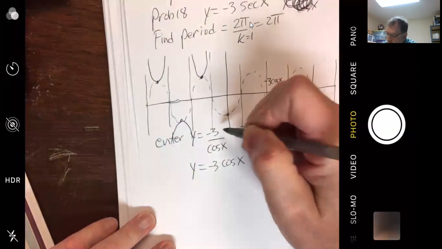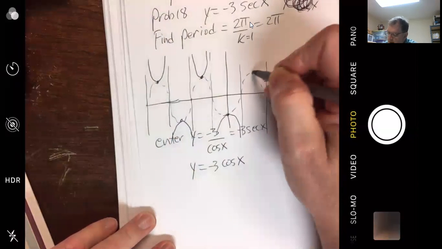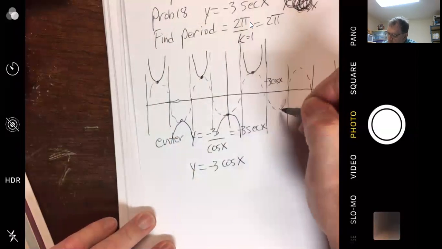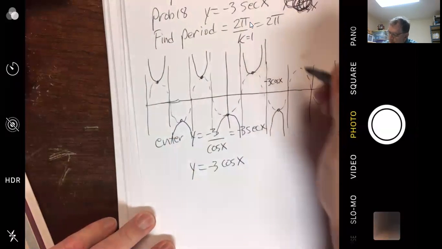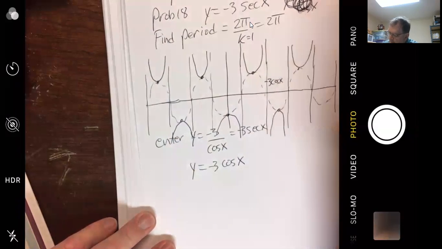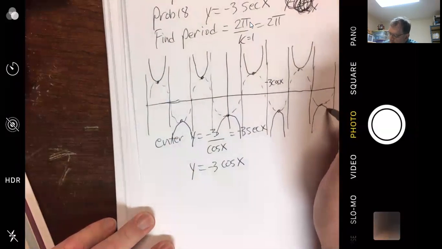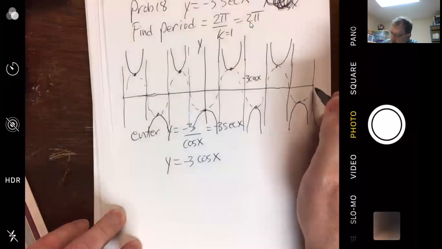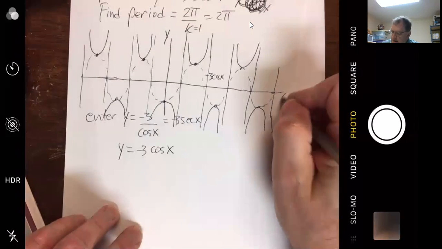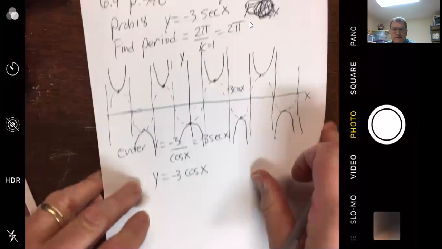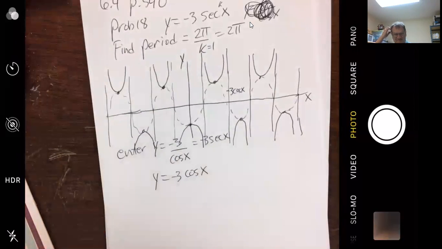Oops, missed an x-intercept or an asymptote there. And so on, y-axis and x-axis. -3 secant x.